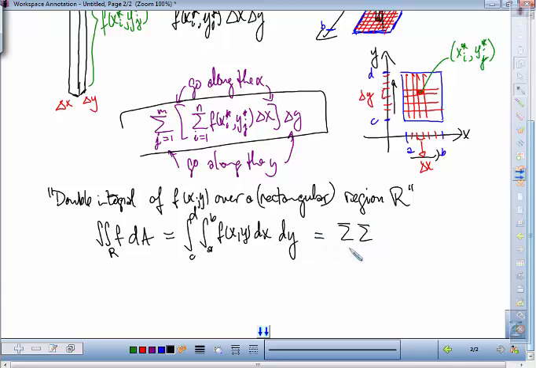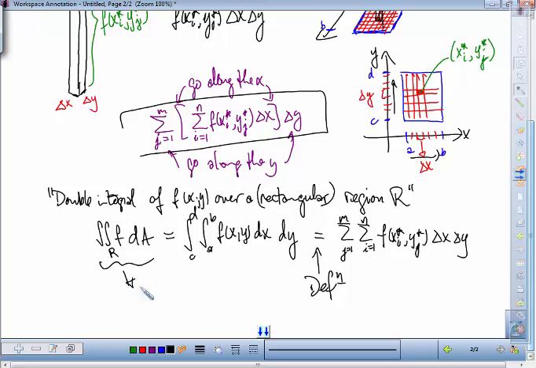And so this is how the definition comes to be: the sum over i, j of f of x_i star, y_j star, delta x, delta y, where i goes from 1 to n, and j goes from 1 to m. Okay, so this here is a definition, and this here would be kind of like the general notation.